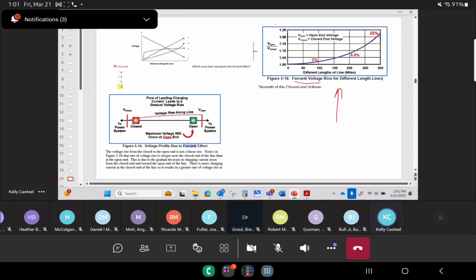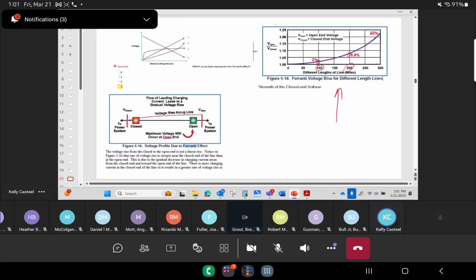And we're still talking about Ferranti rise, but this is just showing you how the length of the line impacts that Ferranti rise. So basically for a 100-mile long line, you may get a 2% rise. If it's a 200-mile long line, you may get an 8.8% rise.